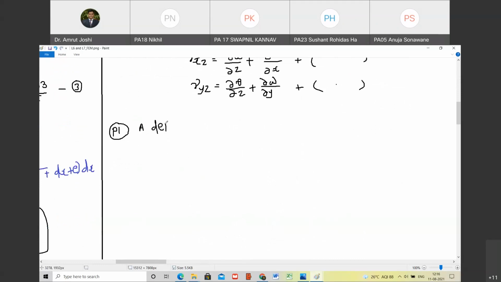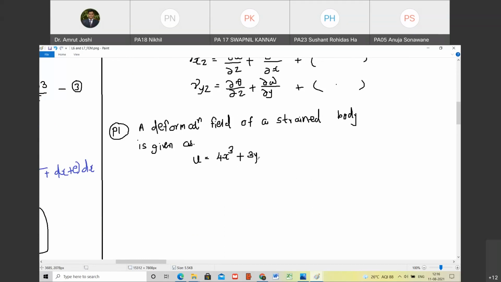A deformation field of a strained body is given as u equal to 4x cube plus 3y plus 9z raised to 4, where x, y, z are to be substituted in meters.